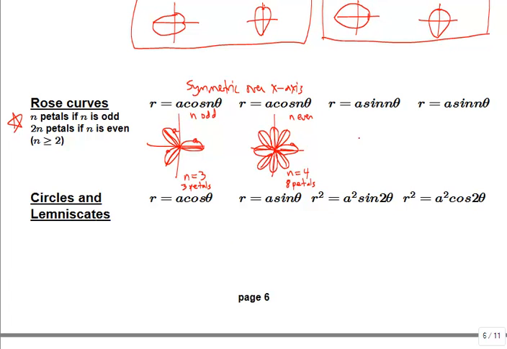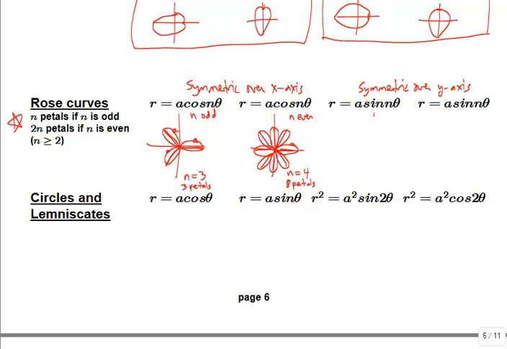So it's going to be similar for the sines, but this time instead of being symmetric over the x-axis, and you can see that over here, if I were to flip these over that x-axis, you would just get that reflected image right back. For sine, instead of being symmetric over the x, it's symmetric over the y.